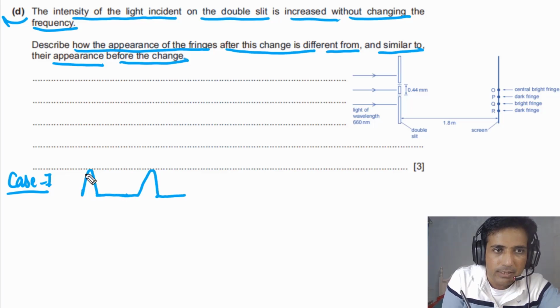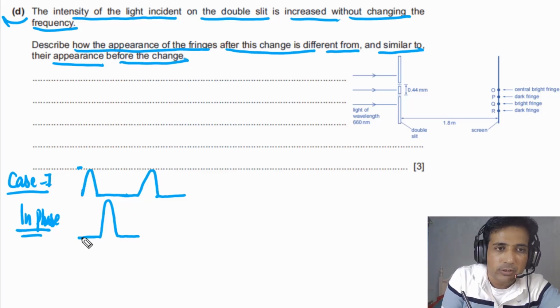Let's say they are in phase and they meet at one point. They superpose when they are in phase, and we will see a super crest.